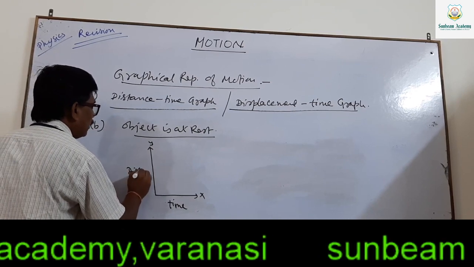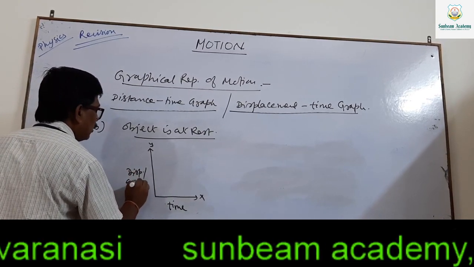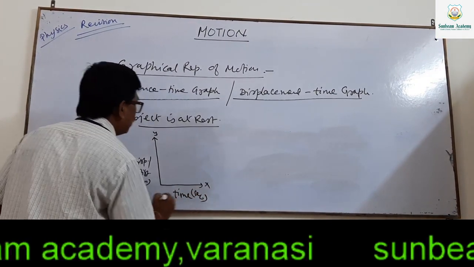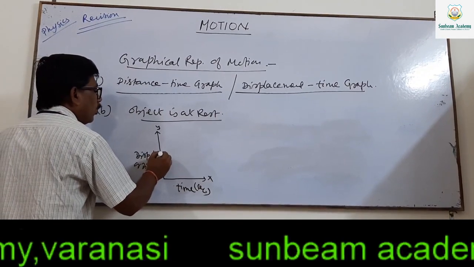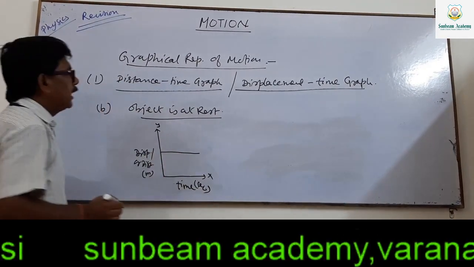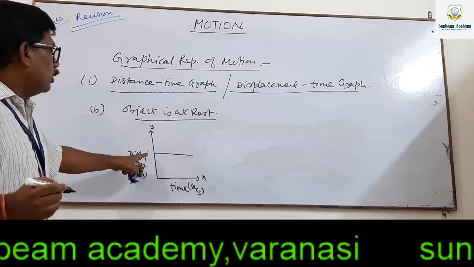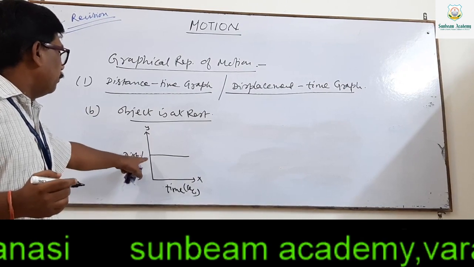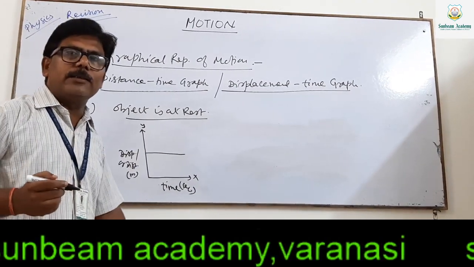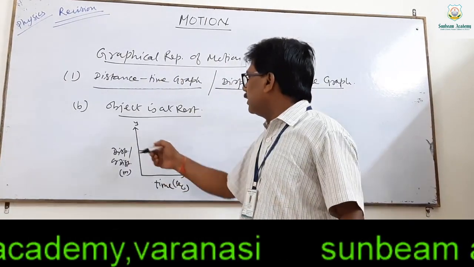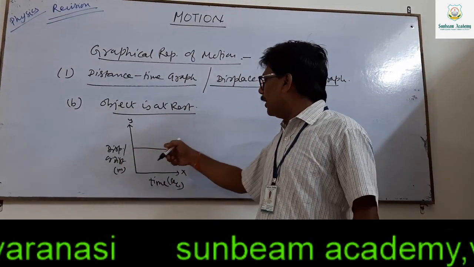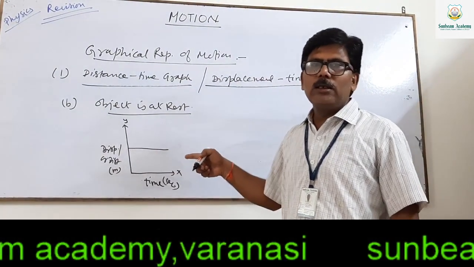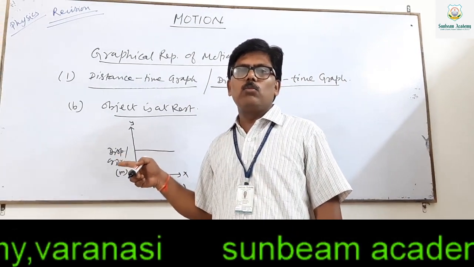Time in seconds on one axis, displacement or distance on the other. It will be parallel to the time axis. When the displacement graph is parallel to the time axis, this shows that the object is at rest. The object is not in motion.